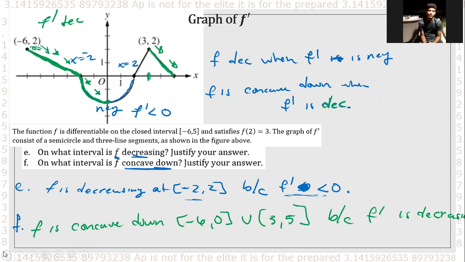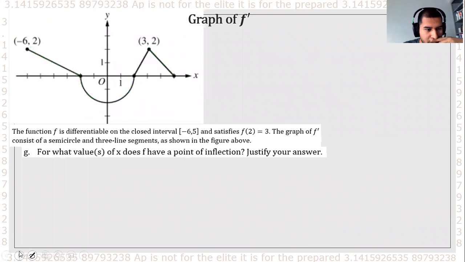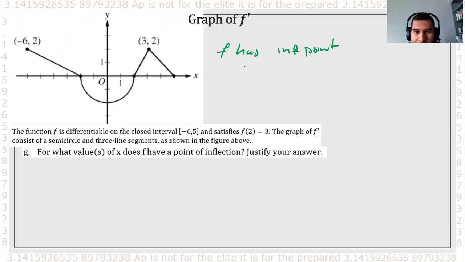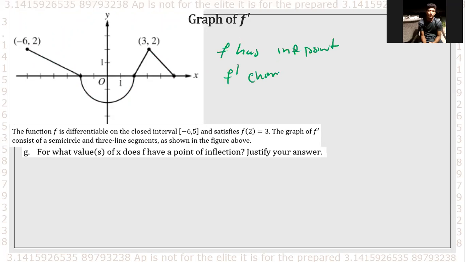Okay, I believe this is my last one. Points of inflection. f has inflection points when what happens? We did pretty good on this lesson. When it goes from concave down to up, and then vice versa.